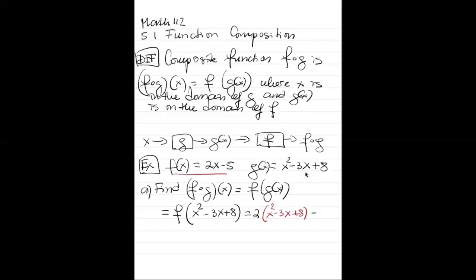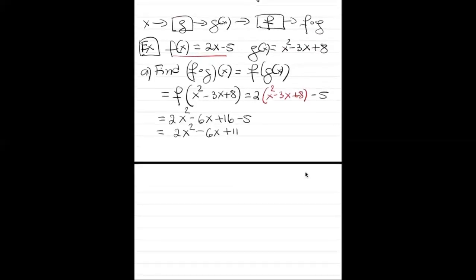And then we have minus 5. We simplify, and we have 2x squared minus 6x plus 16 minus 5. Like terms, 2x squared minus 6x plus 11. So that's our new function, f of g of x.